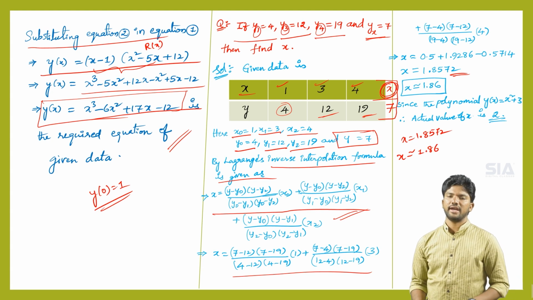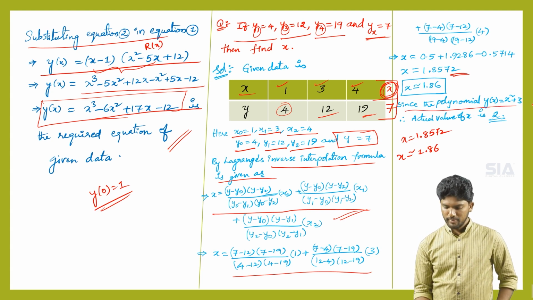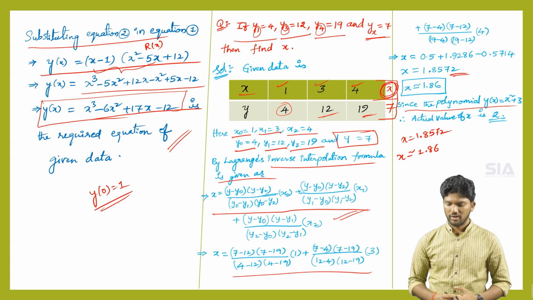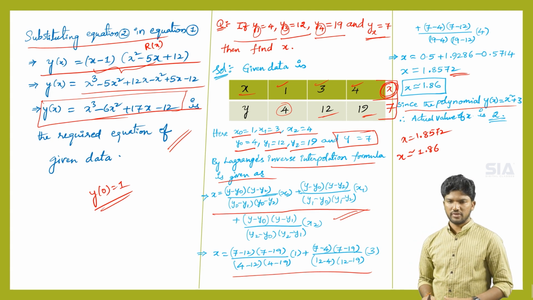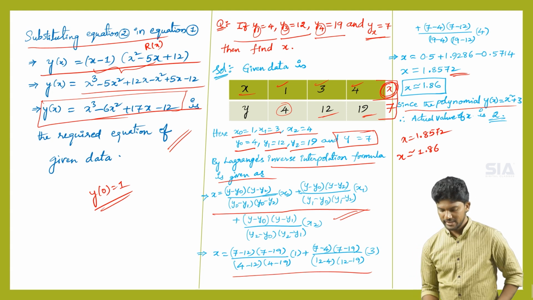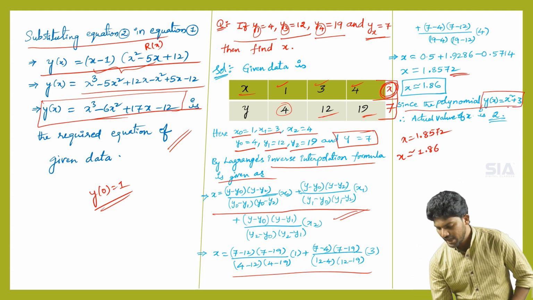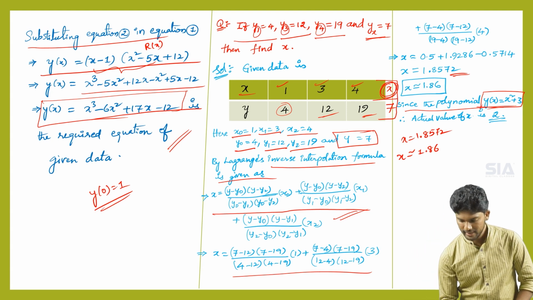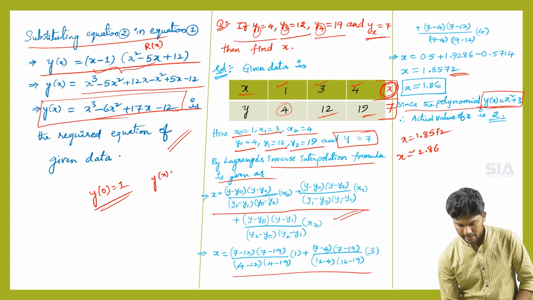Since the polynomial y of x is equal to x square plus 3, the actual value of x is 2. If you observe carefully, the polynomial for the given data is y of x is equal to x square plus 3. How can you get y of x is equal to x square plus 3?